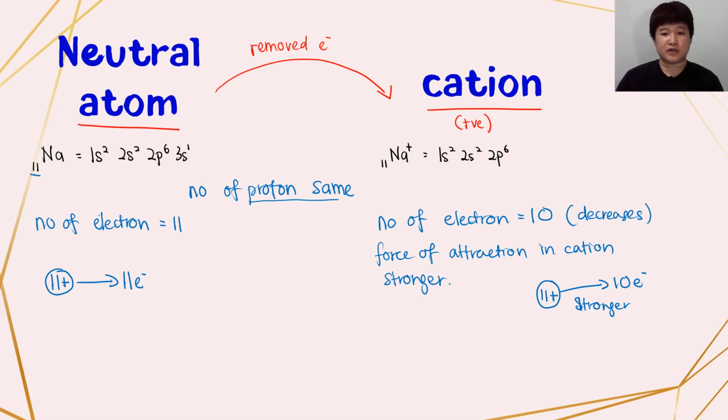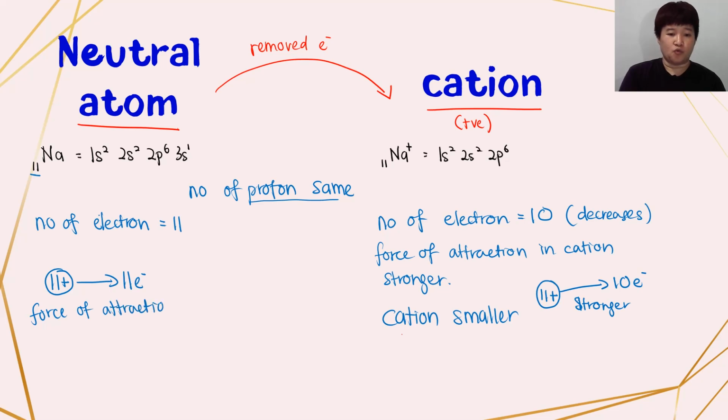When the force of attraction is stronger over here, which one do you think has a smaller size? Obviously, the cation will be smaller in size compared to your neutral atom, because in your neutral atom the force of attraction is weaker.